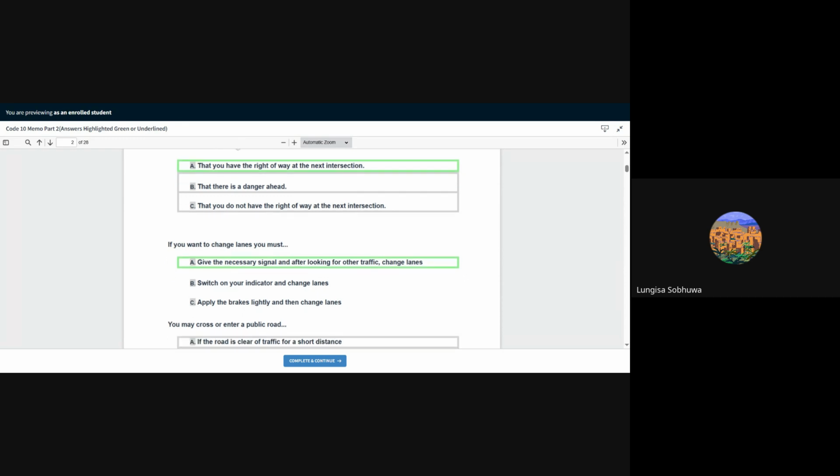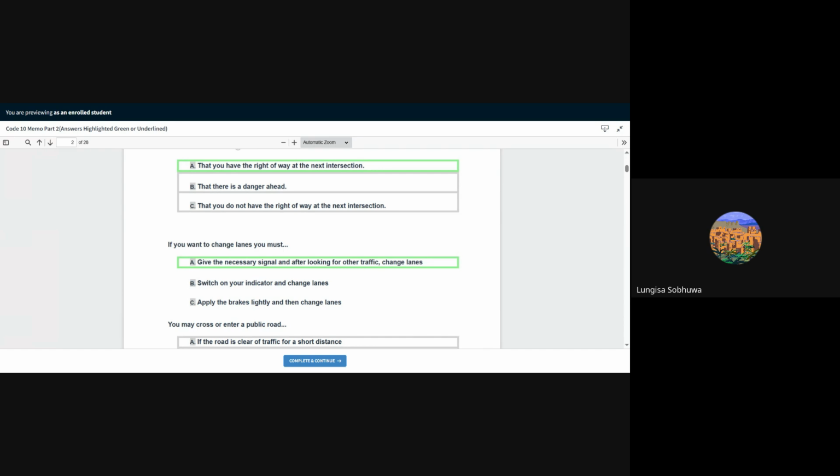So the next question is, if you want to change lanes, you must... Option A says, give the necessary signal and look out for other traffic, then change lanes.